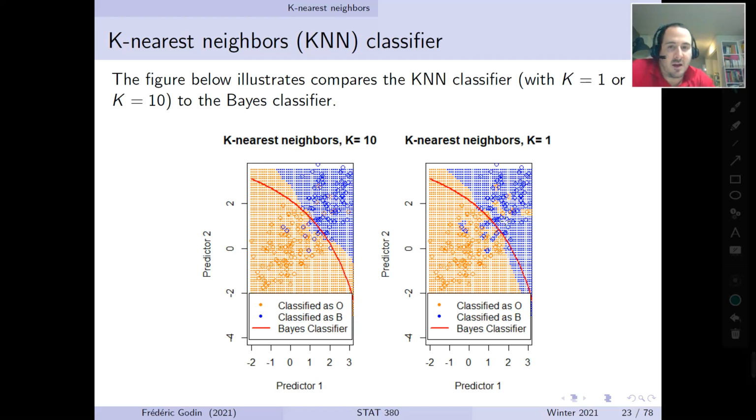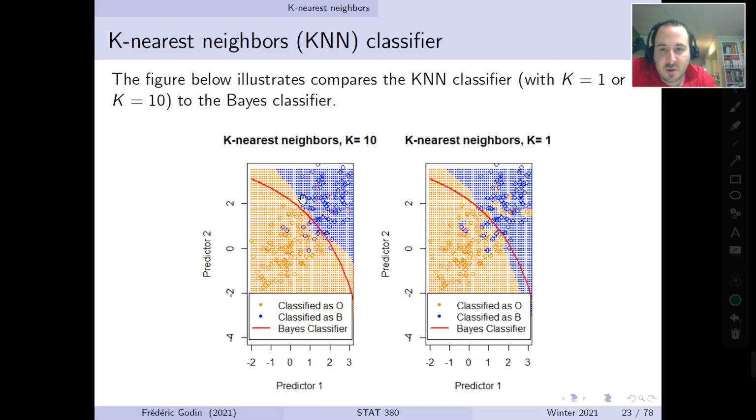But now let's look at the impact of K. When K is large, you have to average many neighbors to forecast the class of a new observation. Because you have to average 10 neighbors, some neighbors might be very far away from your new observation, so you'll have to average somewhat irrelevant observations.